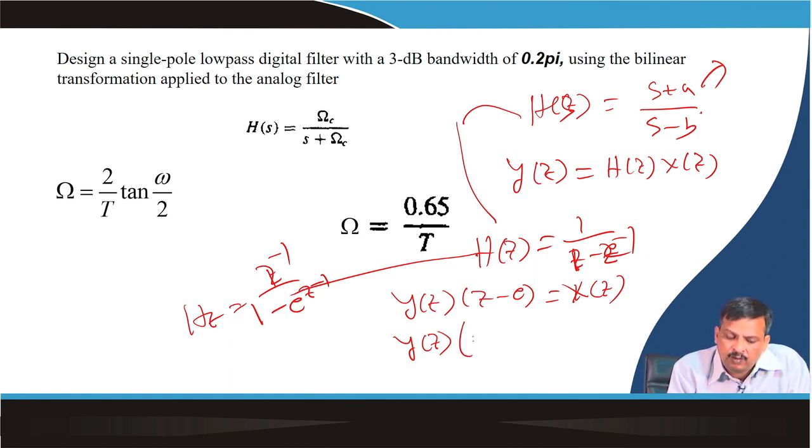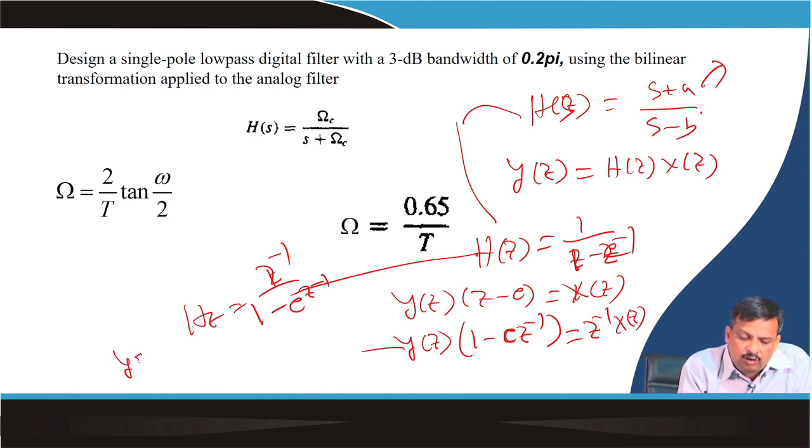So, it will be (1 minus c into z to the power minus 1) Y(z) is equal to z to the power minus 1 into X(z). So, I know that it is nothing but y(n) minus c into y(n minus 1) is equal to x(n minus 1).